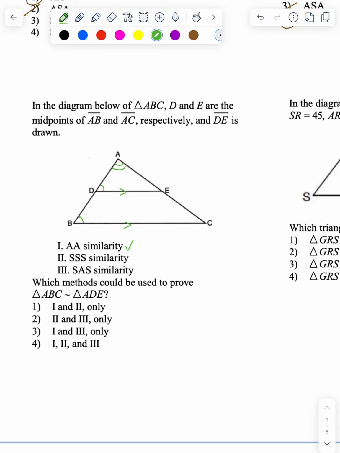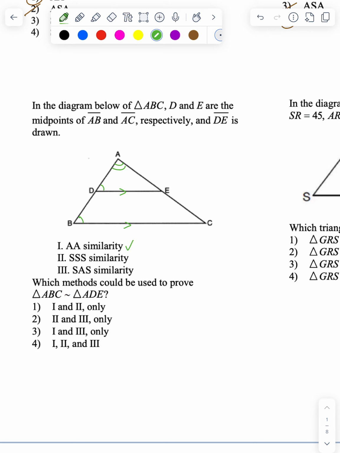If D and E are midpoints of the sides that they're on, that means D splits AB equally and E splits AC equally. So we can see that the side of the big triangle would be double the side of the small triangle. For example, if this is 2 and this is 2, this has to be 4.